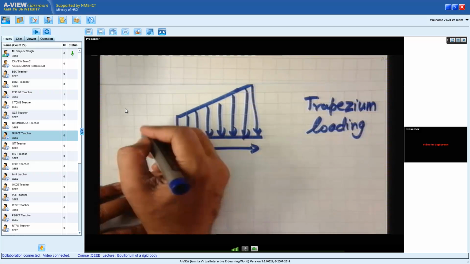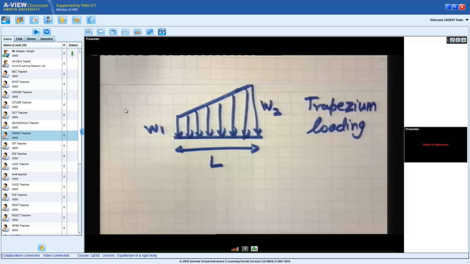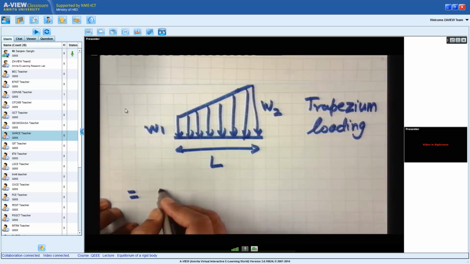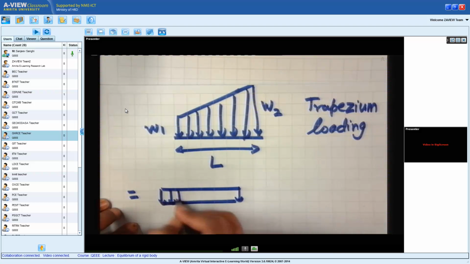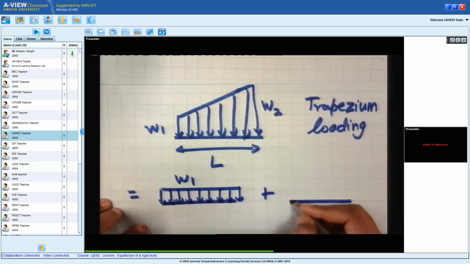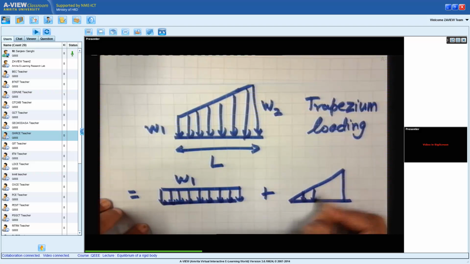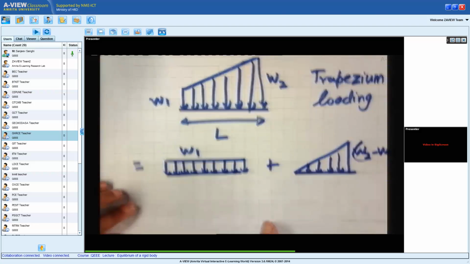Let this length be L. Let this be W1. Let this be W2. It is given that the function is increasing linearly from W1 to W2. What we can do is divide this first into a sum of two loadings: a rectangular loading, which is equal to W1, plus a triangular loading starting from 0 and the end being W2 minus W1.